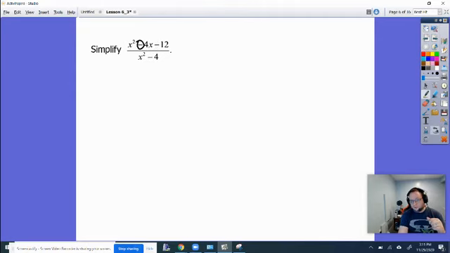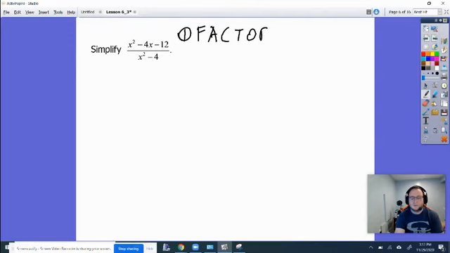So do not do this, where you say, oh, I have an x squared, I can cross it. No, you cannot do that. You must factor first. You can only cancel if you have multiplication and division. You don't have that here. So the first step on all of these is factor. When I factor this, and again, I'm skipping that because you should know how to do this by now.